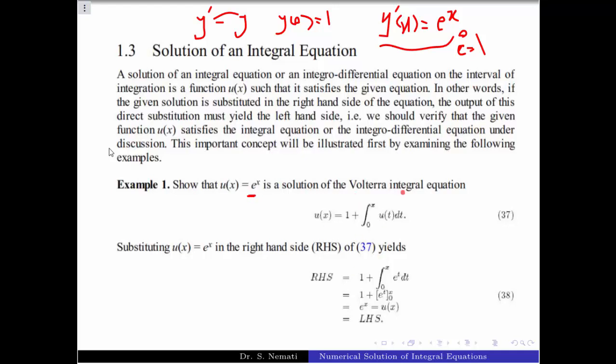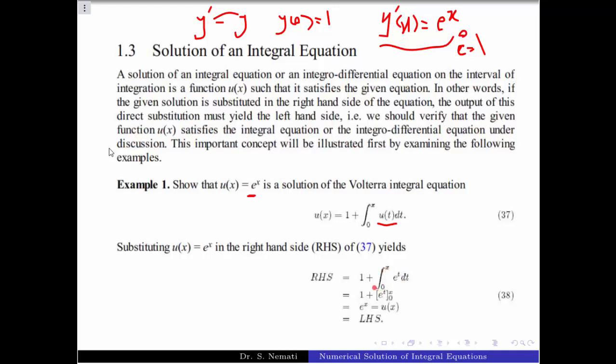The right hand side of this equation is, by considering e to the power x instead of u of x, 1 plus the integral of, instead of u of t, I put e to the power t. So we have the integral of e to the power t dt from 0 to x.